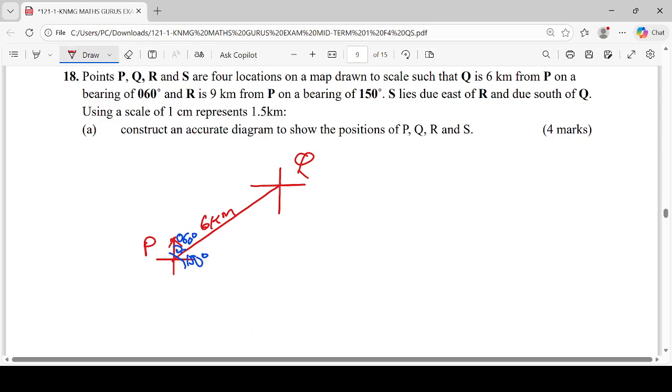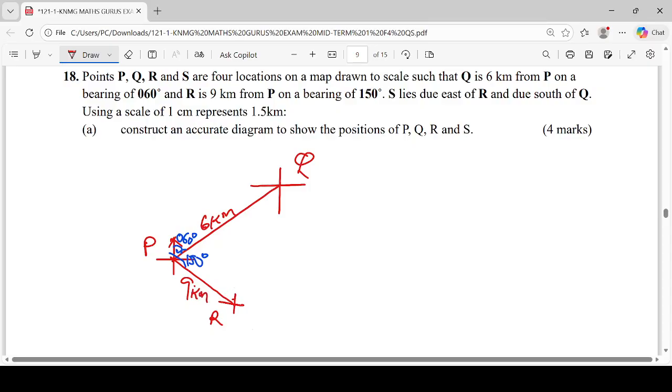I had not measured. Remember, I'm approximating my measurements. So let me assume that this is my R. This is 9 kilometers.